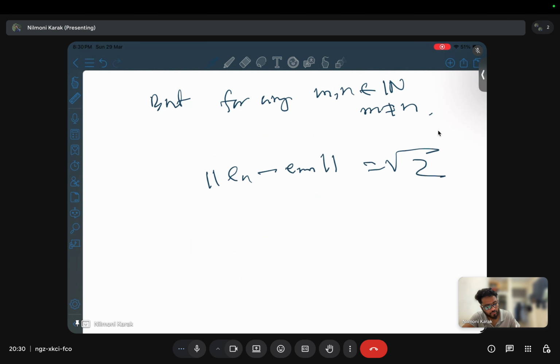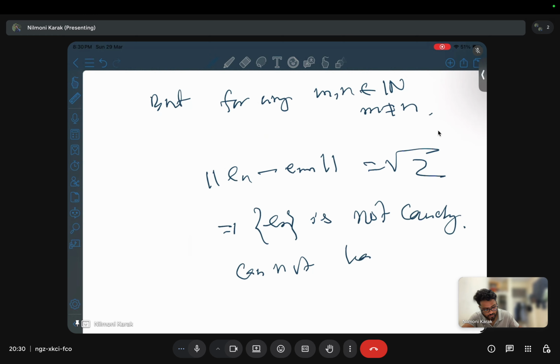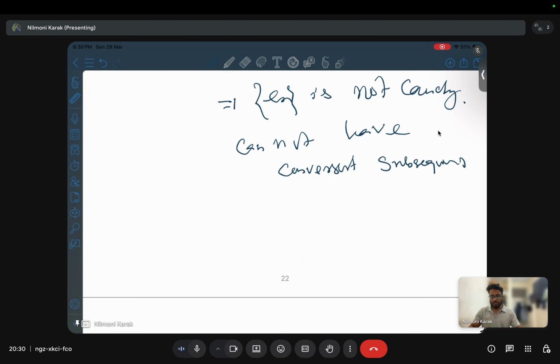So en is not Cauchy and cannot have a convergent subsequence.